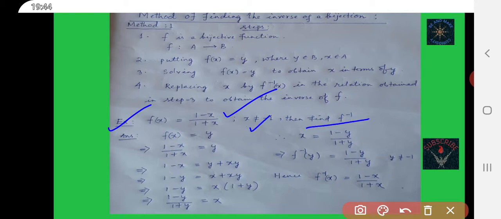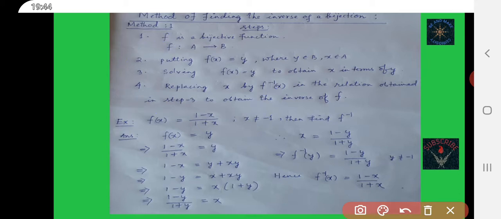Then find f inverse. This function is already a bijective function. It is given that f is bijective already, no need to check now. We just have to find the inverse of this function f.